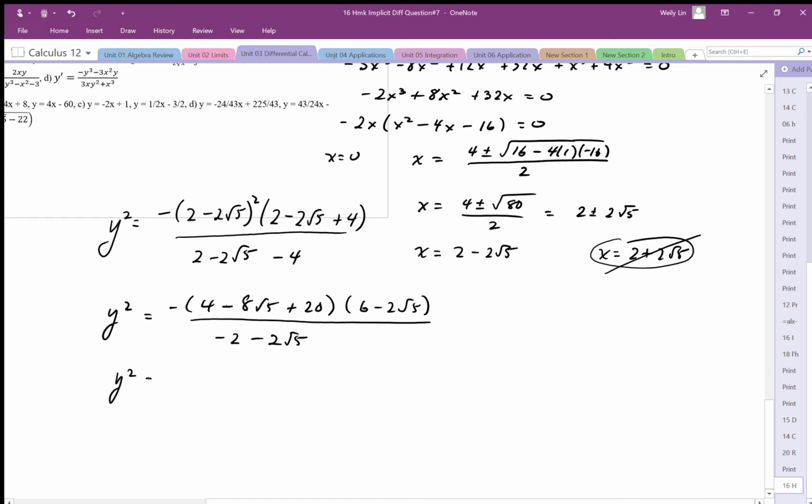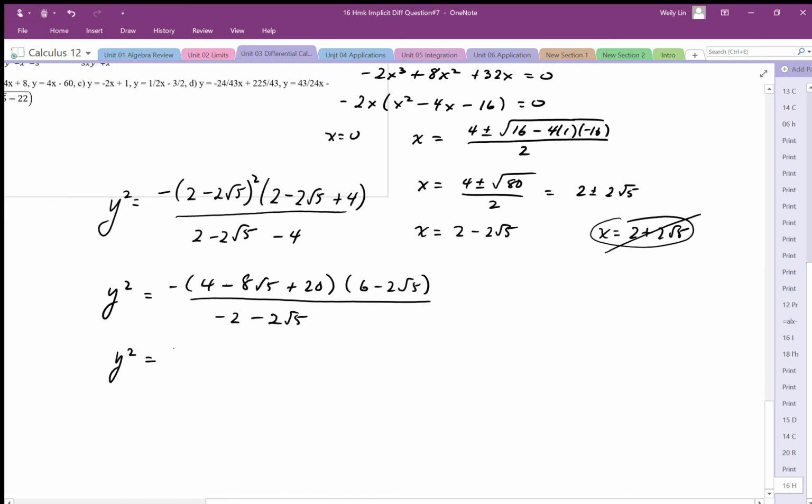So y squared is equal to, I'm going to combine like terms here, so I'm going to get rid of the negatives first. So I end up with 24 minus 8 root 5 times 6 minus 2 root 5, and that's all over 2 plus 2 root 5.